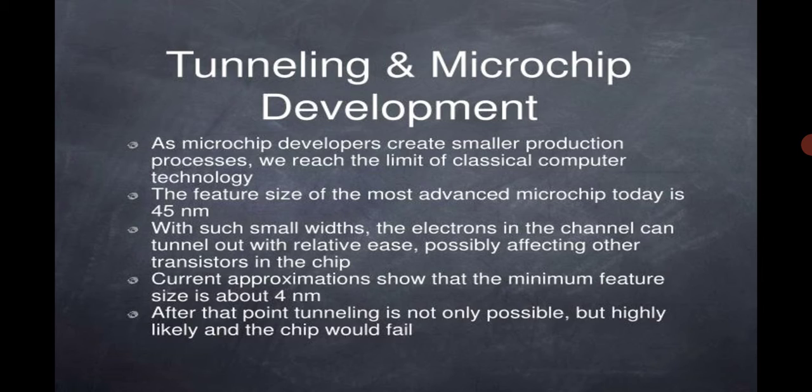With such small widths, electrons in the channel can tunnel out with relative ease, possibly affecting other transistors in the chip. Current approximations show that the minimum feature size is about 4 nanometer. After that, tunneling is not only possible but highly likely, and the chip would fail.